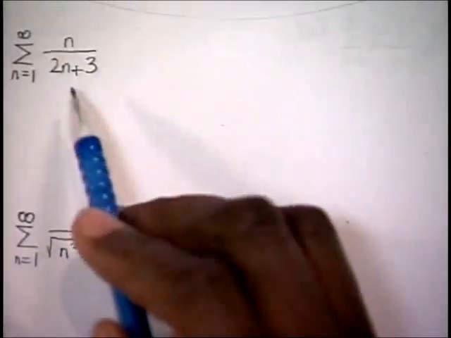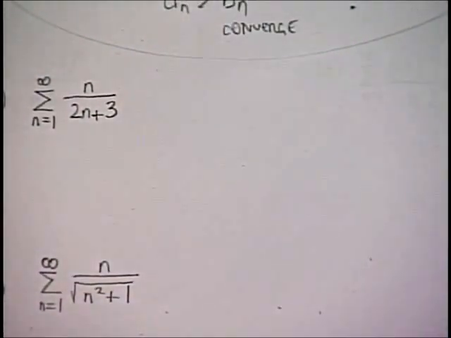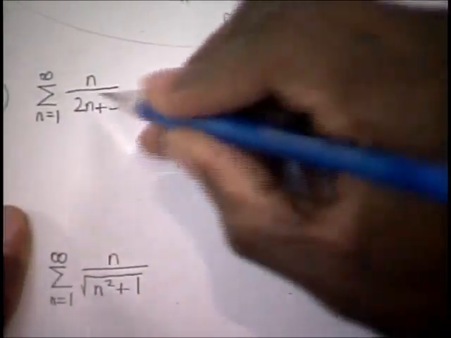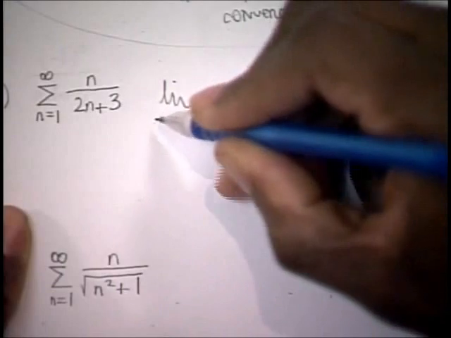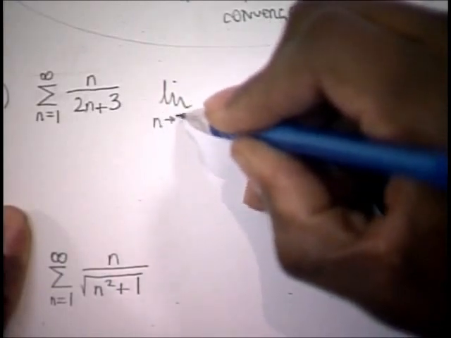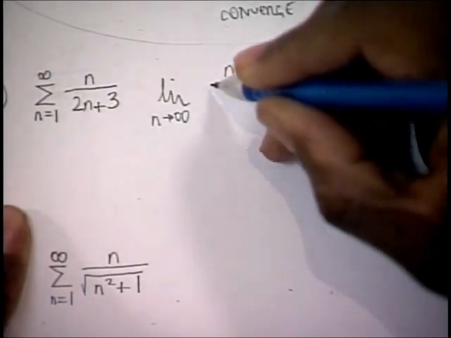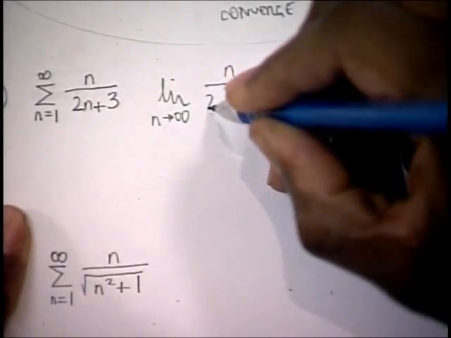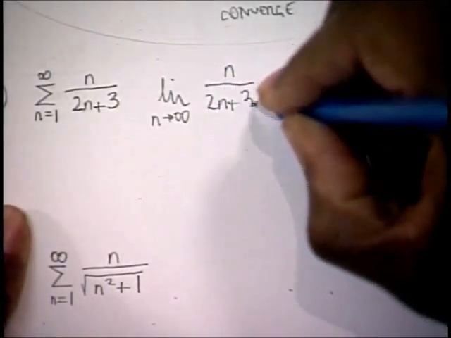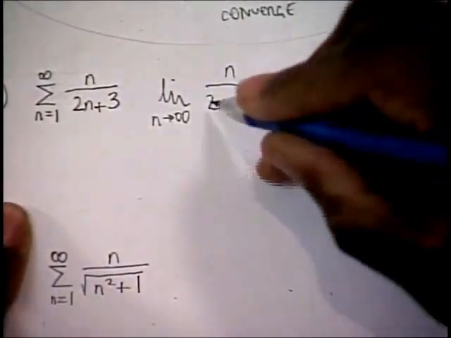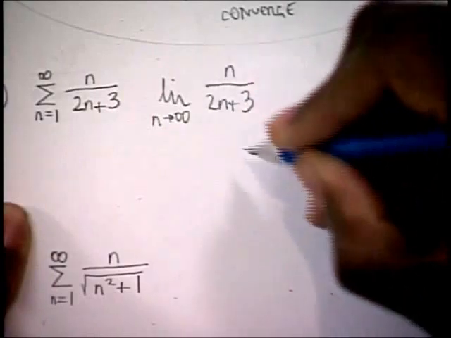If you take the limit for this problem, you see n and n here. You take the limit as n approaches infinity of n over 2n plus 3. You can divide each term by n if you like, but hopefully you can see that the limit of this is just going to be something finite. The limit of this is going to be half.